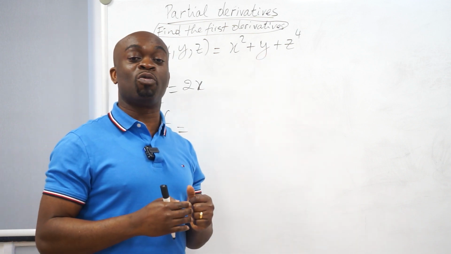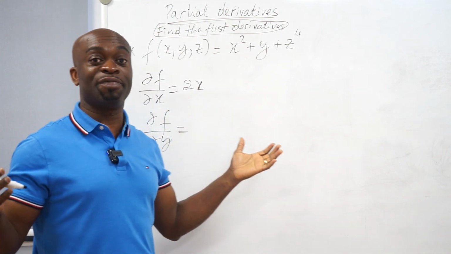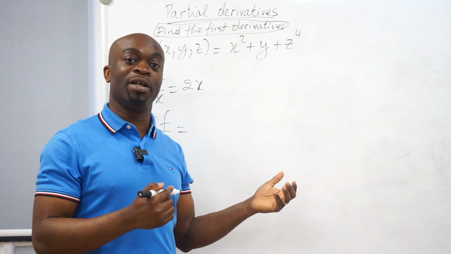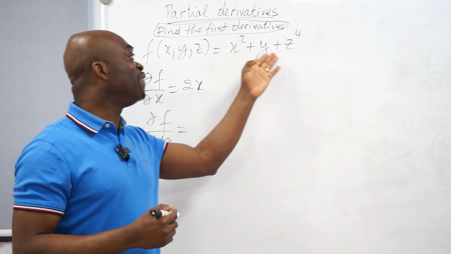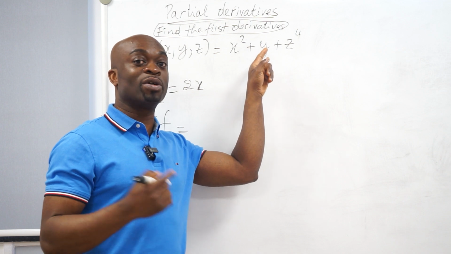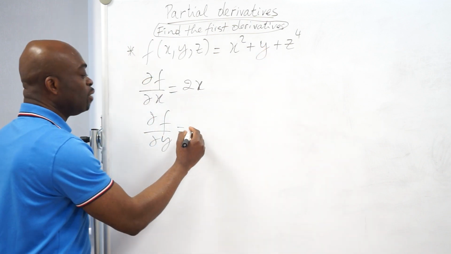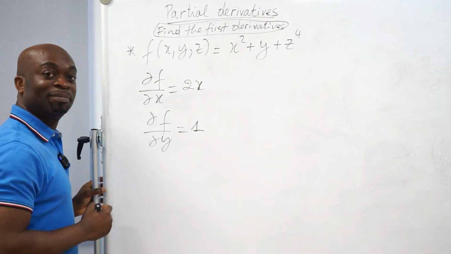So what then is going to be y? The derivative of y is 1, because the derivative of a variable like that is the constant in front of the variable. And what's the constant in front of y? It is 1. So we end up with 1 in this case.